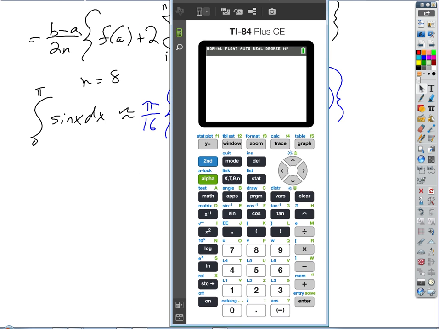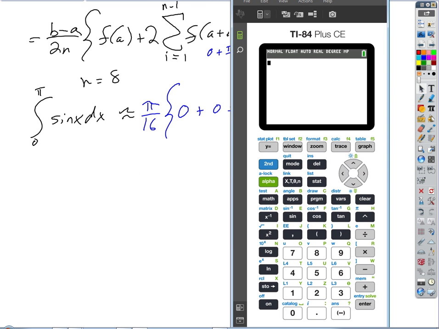So that's going to give us pi divided by 16 times, and then we're just going to go, where's math? Right there, math.